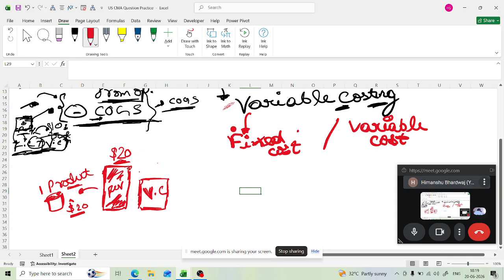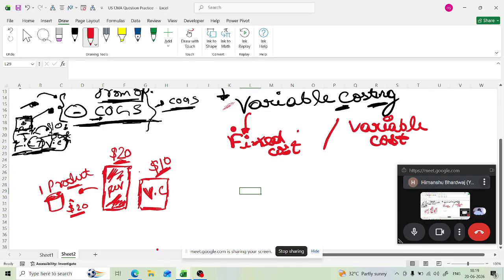So my variable cost, my plastic, my labor cost, my electricity, whatever fluctuates with the level of production I do, is considered variable cost. Let's assume $10 is my variable cost to produce one unit of can.